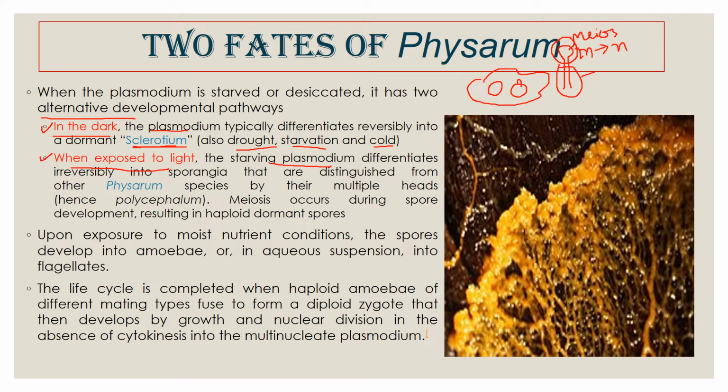So this is the sporophore portion, and where meiosis occurs is the sporangia portion, and the sporangia is composed of an outer tough, non-cellular layer called the peridium, and the peridium protects the spores inside it.